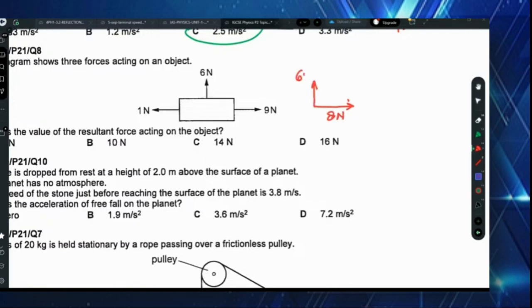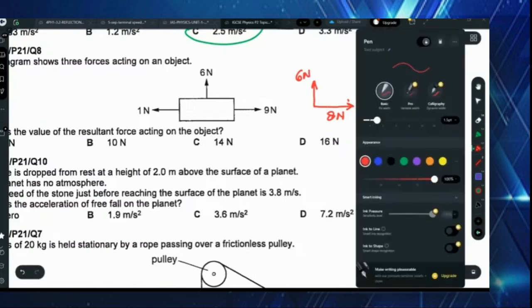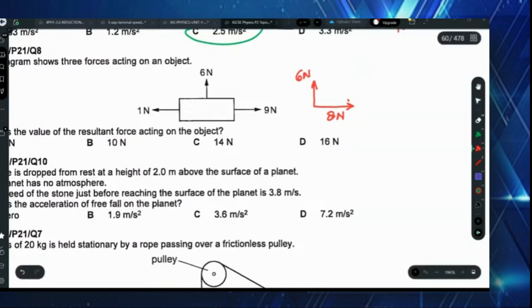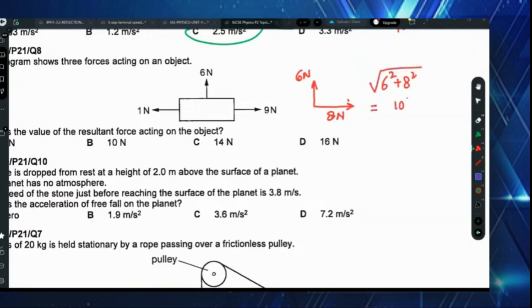Now 6 and 8 are at right angle to each other, so you will apply Pythagoras theorem: square root of 6 squared plus 8 squared. That is 100, and its square root is 10.